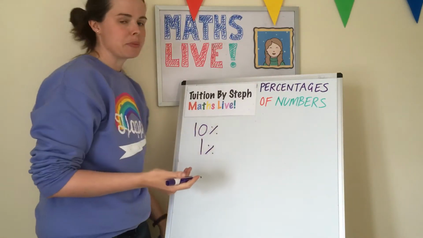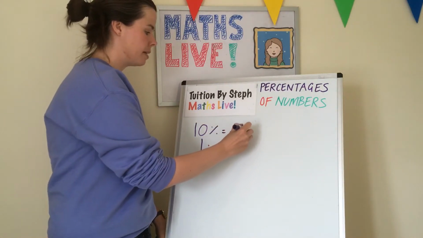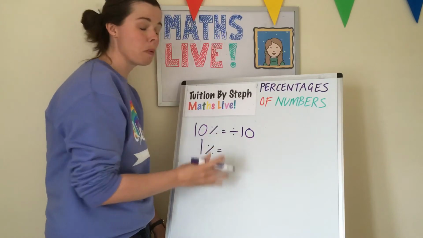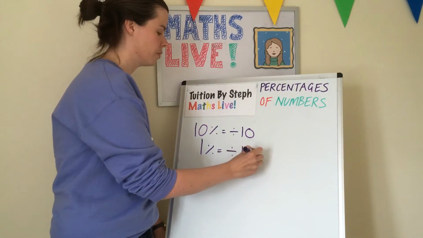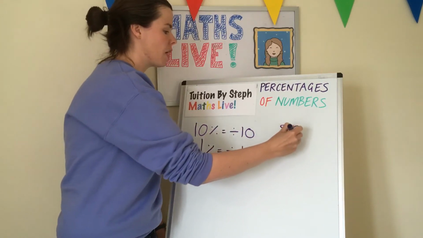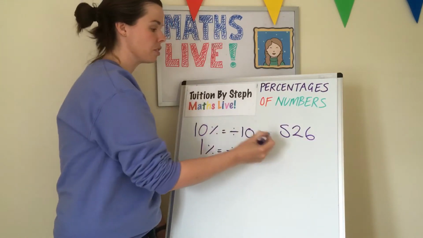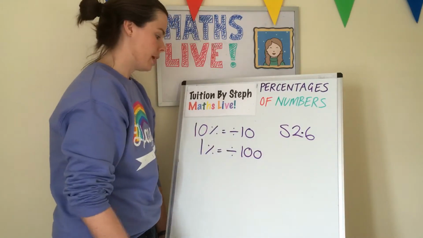When you're finding 10% of a number, that actually means that you're dividing it by 10. And if you're finding 1% of a number, that means you're dividing it by 100. So for example, if you're finding 10% of 526, you divide it by 10, which is 52.6.